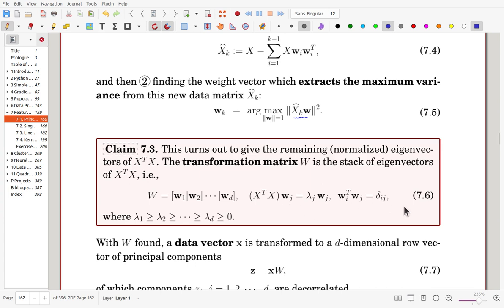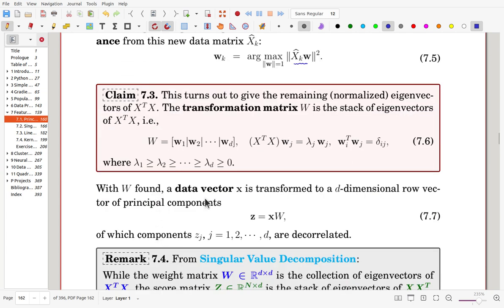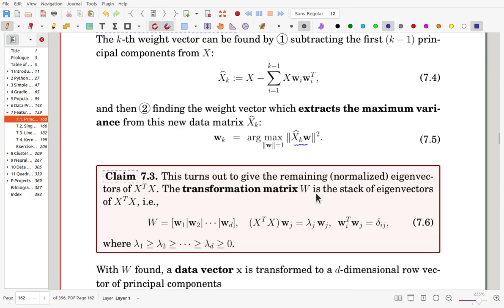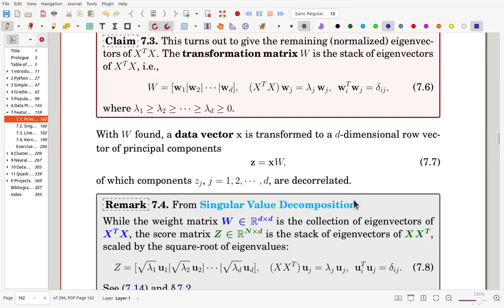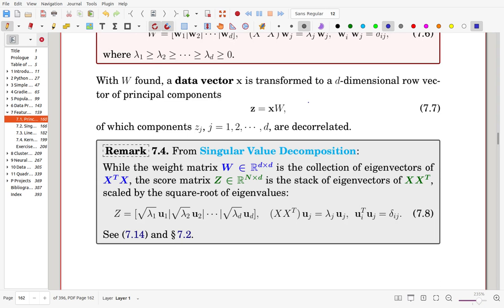Now it's normalized. So W can be found in this way. Okay. Now, once W is found, then for a given data vector x, the transform gives a d-dimensional row vector of principal components. So one row in the data set will make one row in the score matrix.